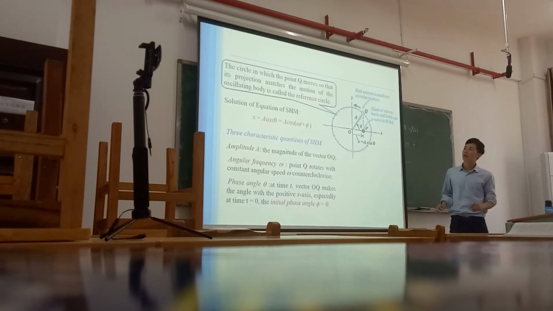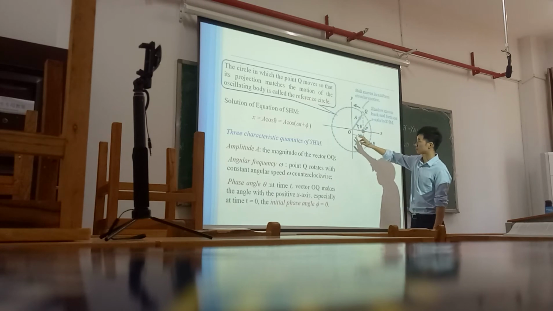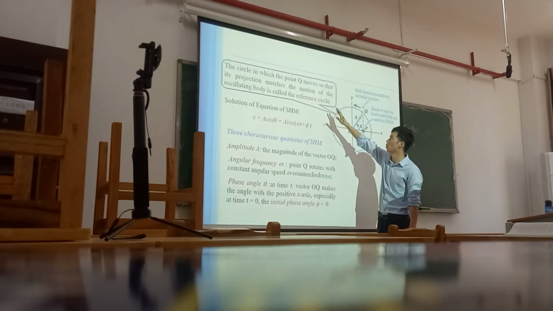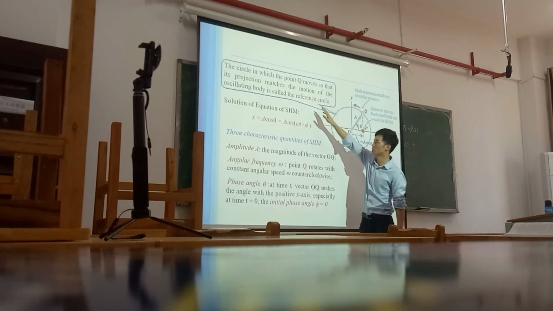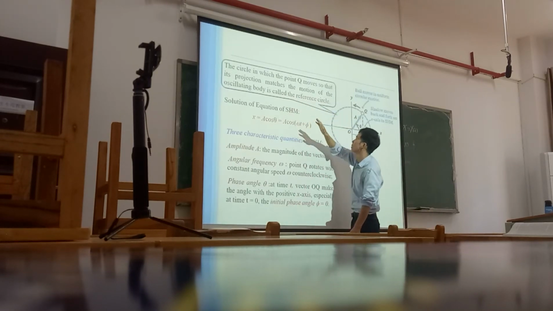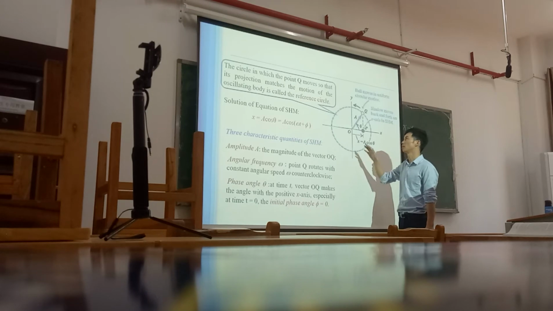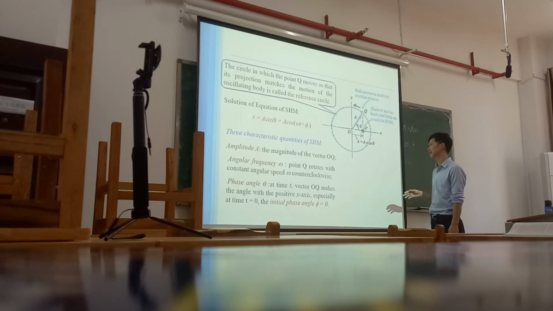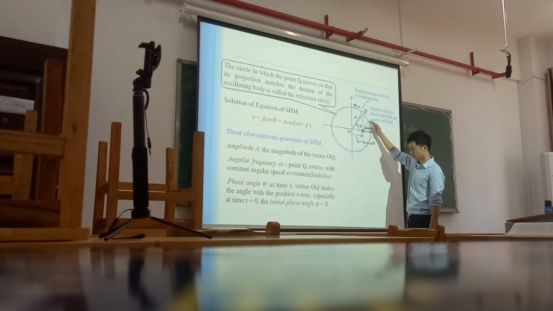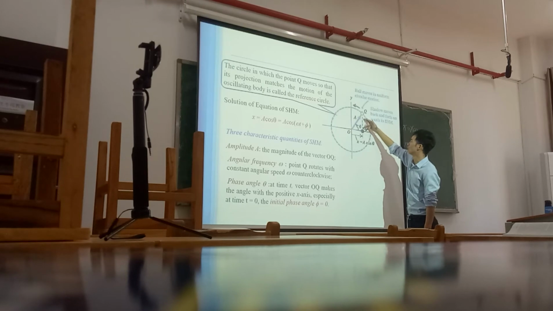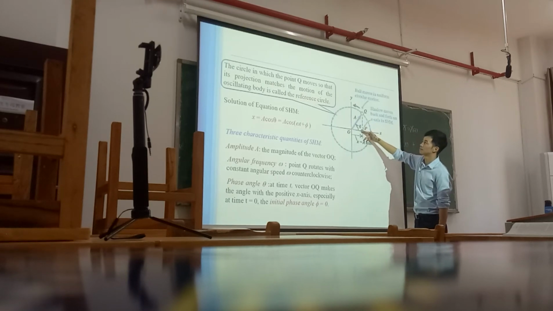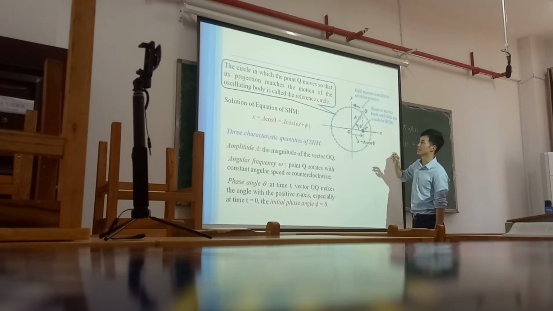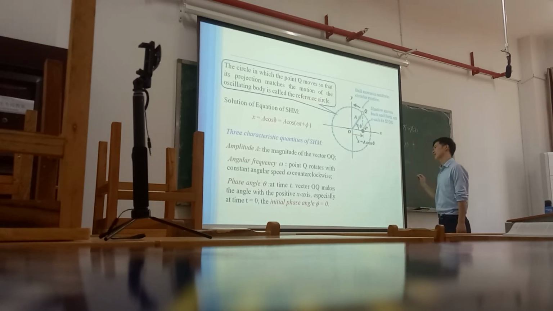The circle in which the point Q moves, so its projection matches the motion of the oscillating body, is called the reference circle, because the projection of Q moves in an oscillation.